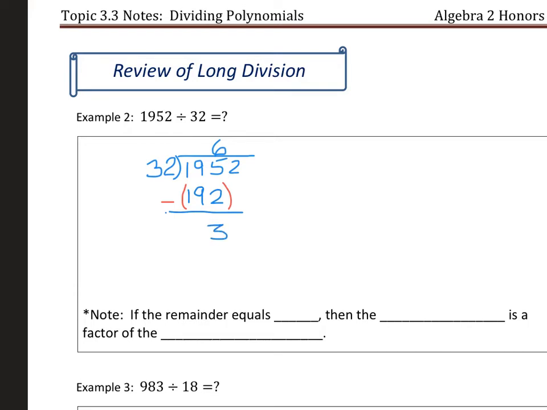And next we are going to bring down that last digit here, and we've got 32, and of course 32 is evenly divided by 32, so one time, and we're going to again multiply that 1 times the 32, and we get our 32 here, and we're going to subtract that, and you can see that we have no remainder. Our remainder is 0.